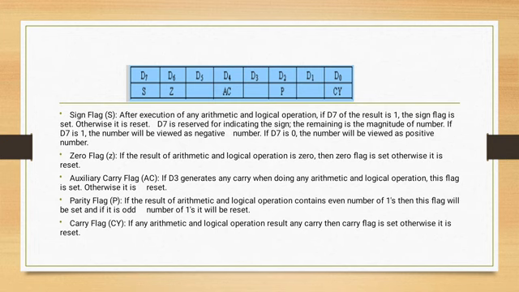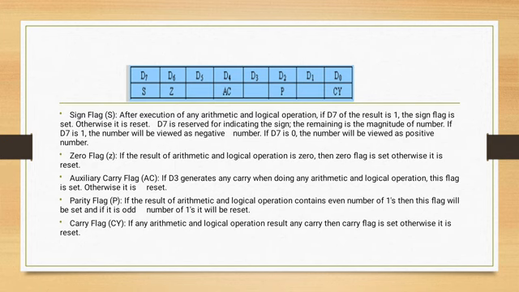So these are the bit positions of the flag register: D0, D1, D2, D3, D4, D5, D6, D7. This is also an 8-bit register, but according to the bit positions, if we observe this diagram carefully, we can see at bit 0 or the D0 position, this is for carry status.